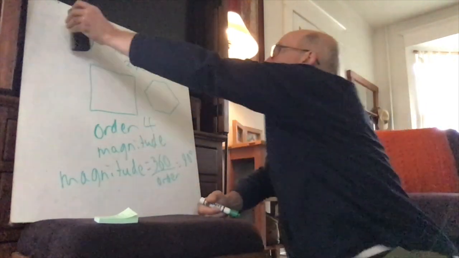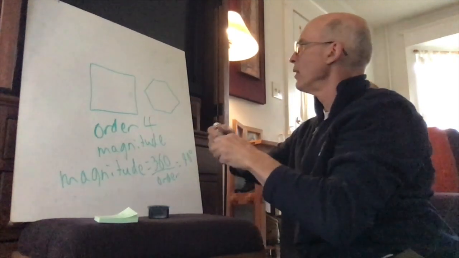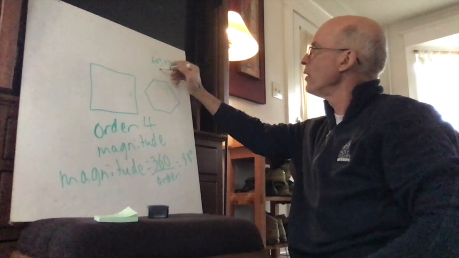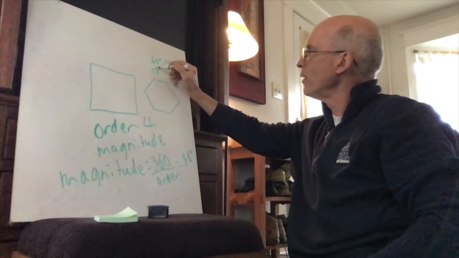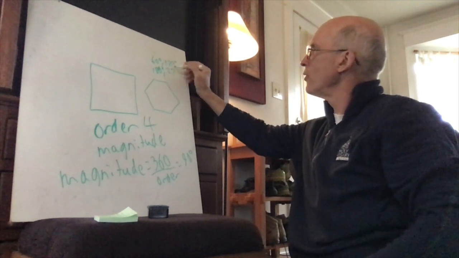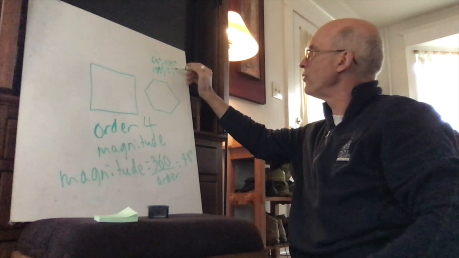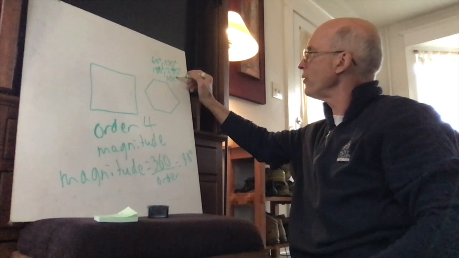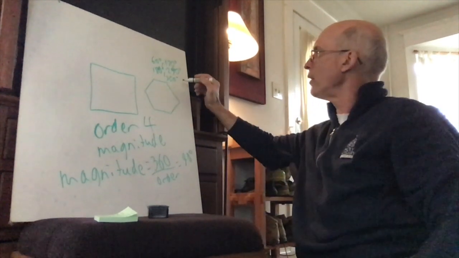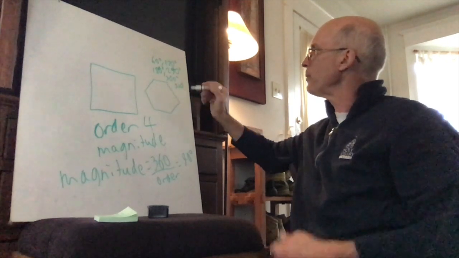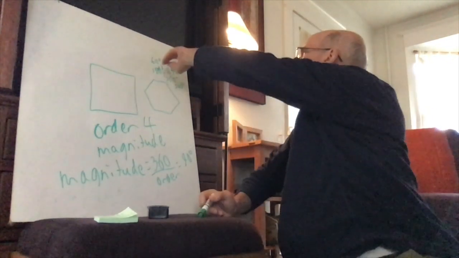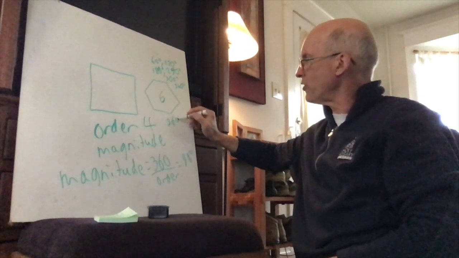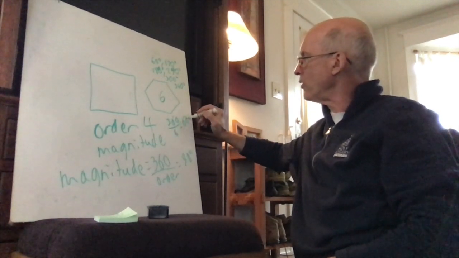So in this case, you can get 60 degrees, 120 degrees, 180 degrees, 240 degrees, 300 degrees, and then you would be back to your start, 360. So you can do 2, 4, 6. It has an order of 6 and a magnitude of 360 divided by 6. So a magnitude of 60 degrees.